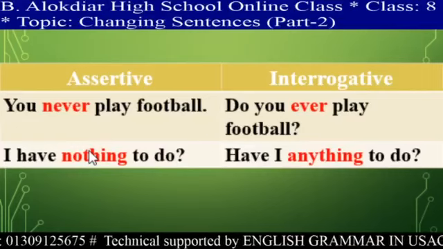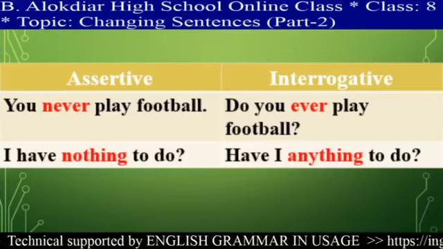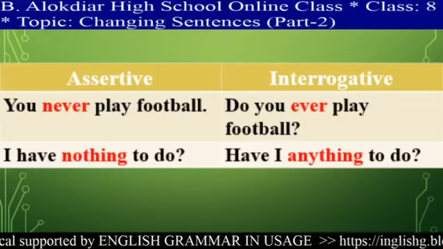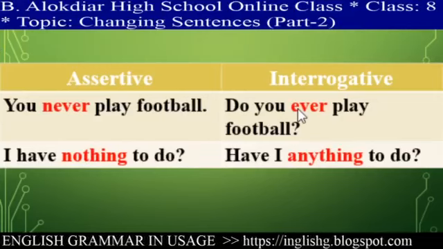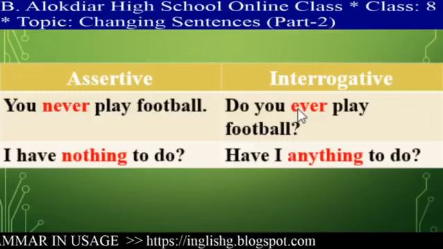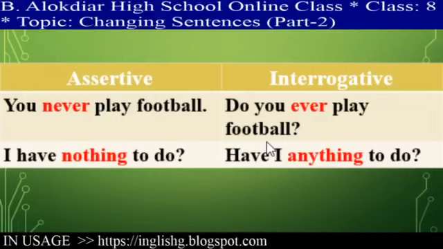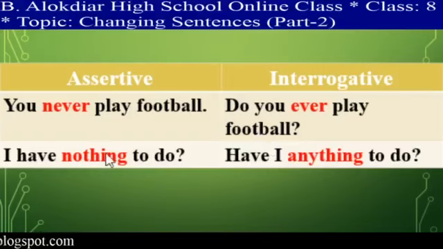In the interrogative sentence, in example A, ever is used instead of never. And in example B, in the interrogative sentence, anything is used instead of nothing of the assertive sentence. So what is the rule? Let's see the rules.